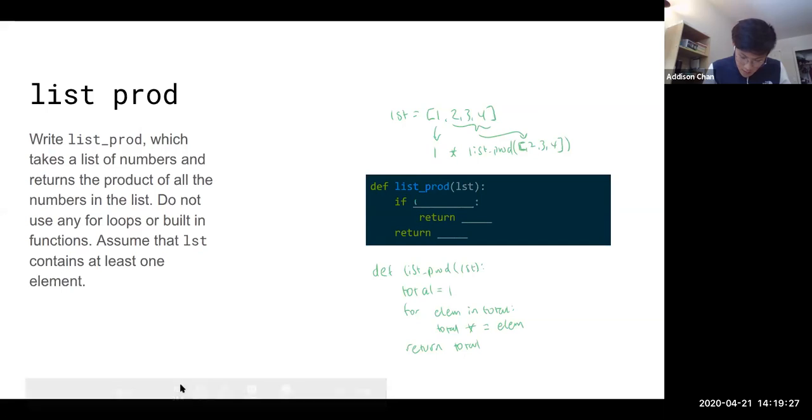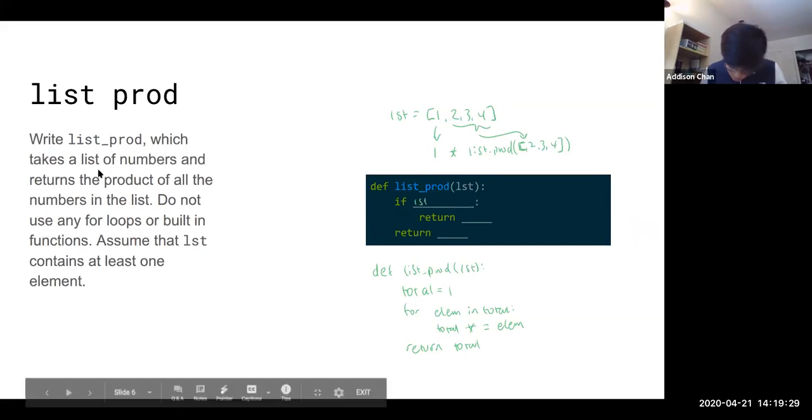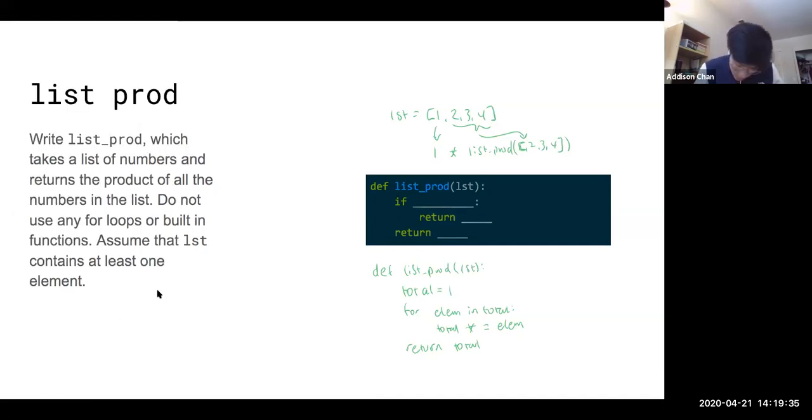So if the length of list is equal to 1, which means we only have one element, then we can just go ahead and return the 0th element, meaning the only element in the list.